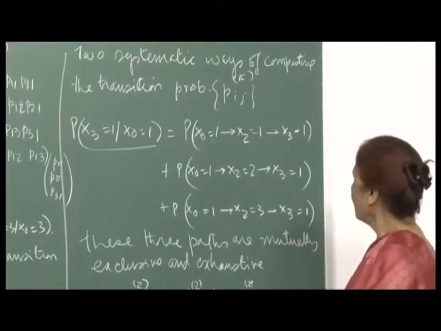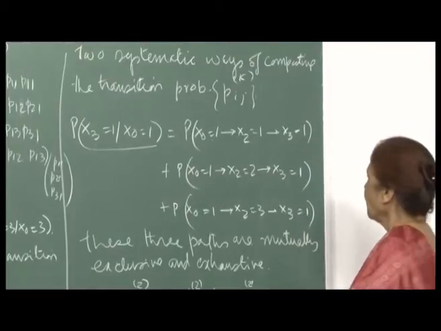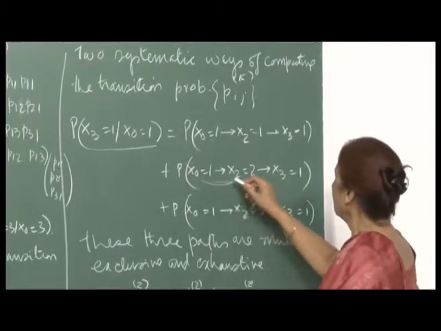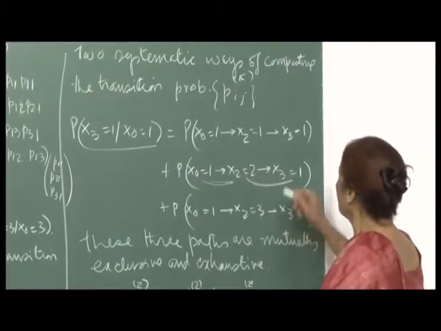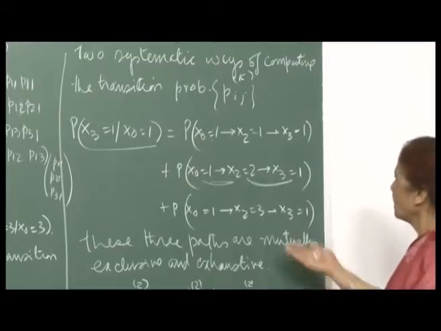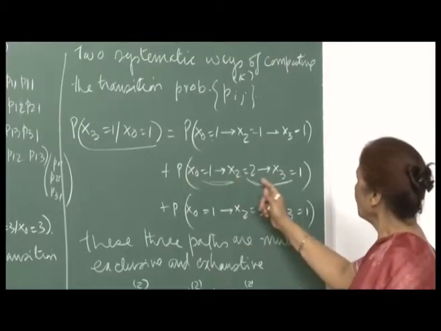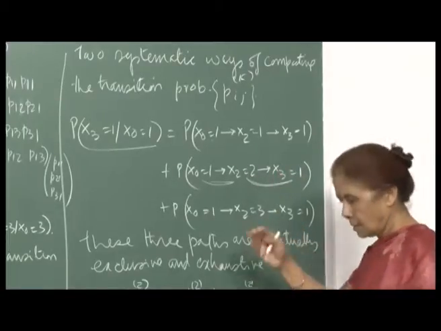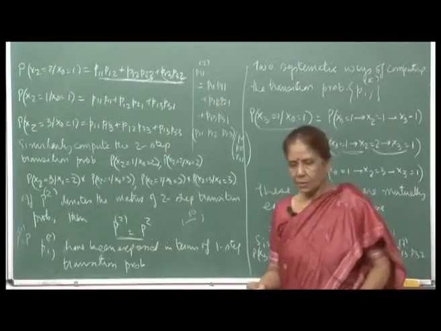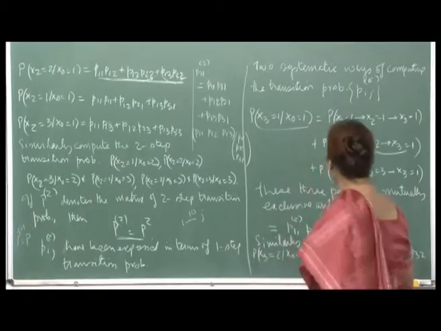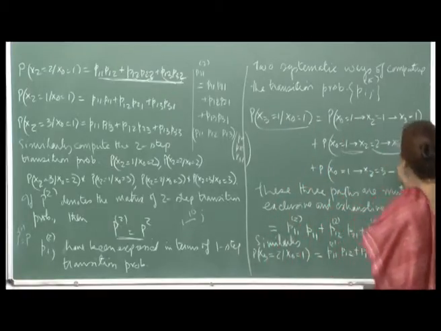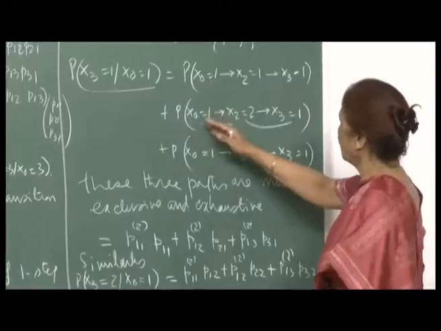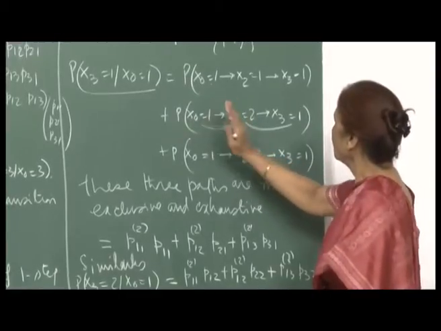And here again we are using the Markov property, because this part of the path will be independent of the probability for this, because here you have X_2 = 2 and X_3 = 1. So, only the current state is needed to compute the transition probability, and this is not dependent on where you were earlier, either at X_1 or at X_0, that is not important.